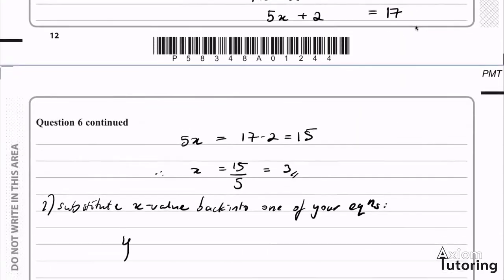So y equals, using L, 2 times 3 plus 1, which is 6 plus 1, so that's 7.